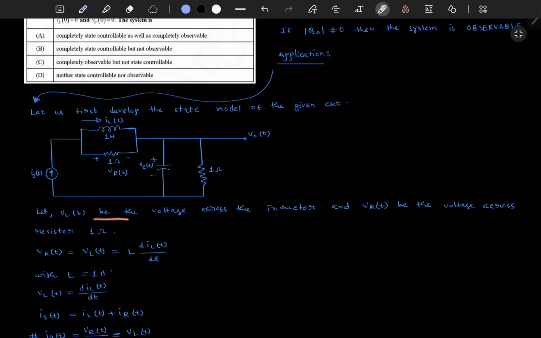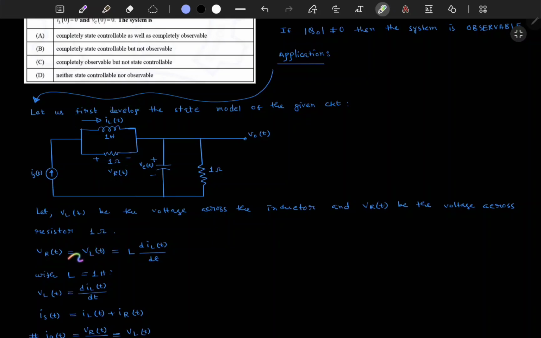Let VLT be the voltage across the inductor and VRT be the voltage across the 1 ohm resistor. So VRT equals VLT, since both are in parallel.